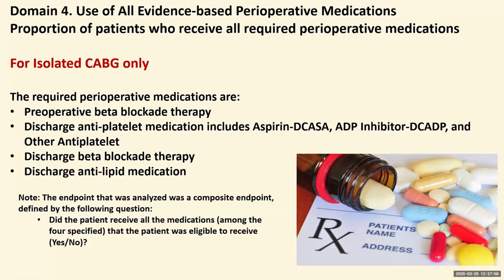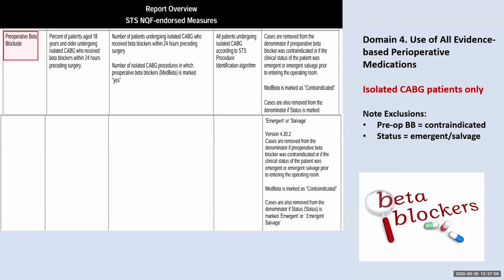So pre-op beta blocker, again, it's just for isolated CABGs. I want you to note the exclusions. Pre-op beta blocker equals contraindicated, so you've got a documentation that it's contraindicated. Or the status going into the operating room is emergent salvage.